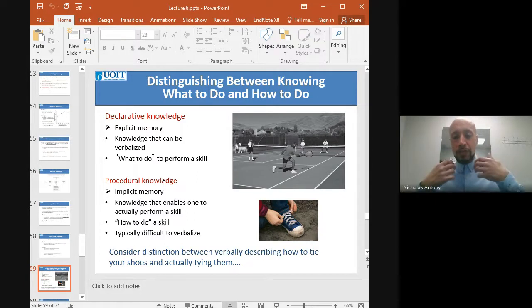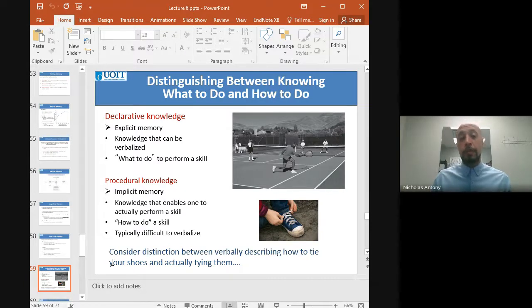It's hard to explicitly say it, right? You have to show the person, okay, this is how you do it. You know what to do. So that's called a procedural memory. It's implicit. It's difficult to verbalize, but it's the most relevant to motor skills.